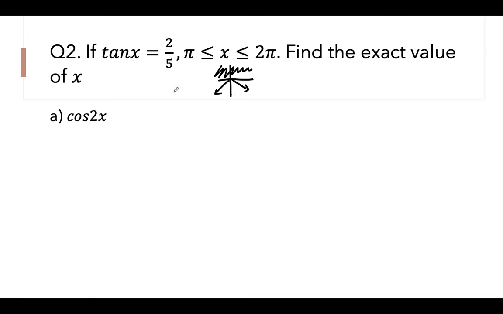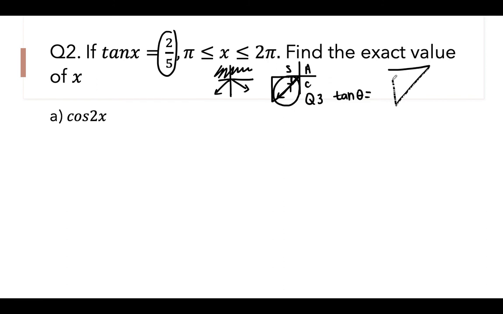Let's see. Because the tangent ratio is positive 2 over 5, using the CAST rule, it must be in quadrant 3 because only tangent can give you a ratio that is positive. So we're making a triangle that looks like this, and the related acute angle is here. So let me draw it again. This is my related acute angle theta. Tangent is going to be opposite over adjacent.